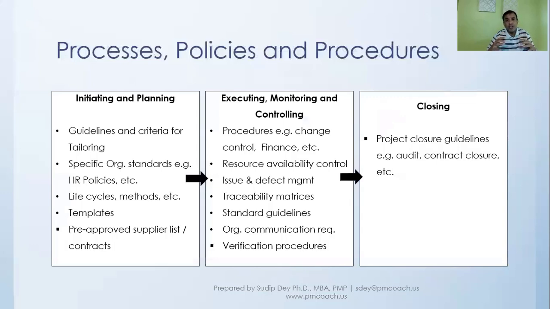So these organization processes, policies, and procedures that we're talking about, we need to take into consideration. This will not only help us adhere to the organizational policy, but also help us jumpstart the project. Otherwise, we might be reinventing many things that were already done and that we could have just reused from the organization process assets.